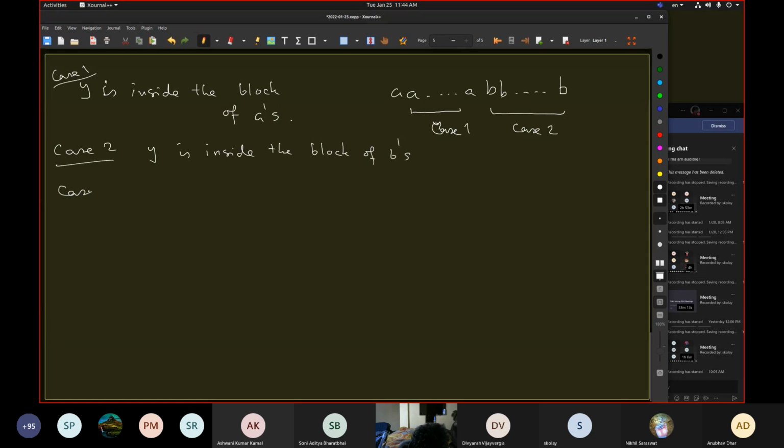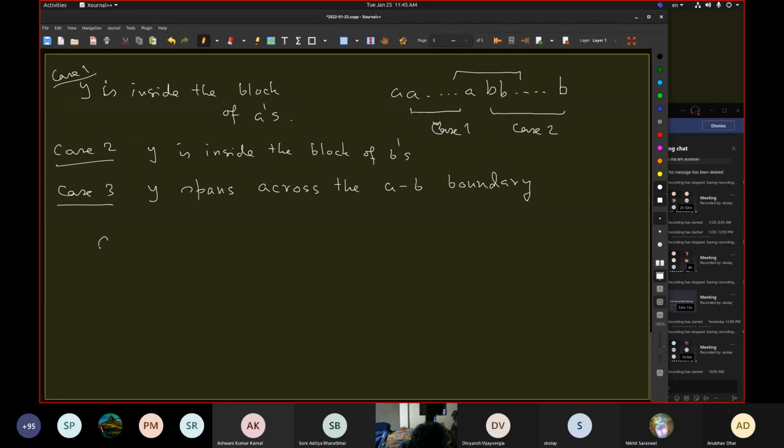And the third possibility is that Y spans across the AB boundary. There are no other possibilities, right? Okay.